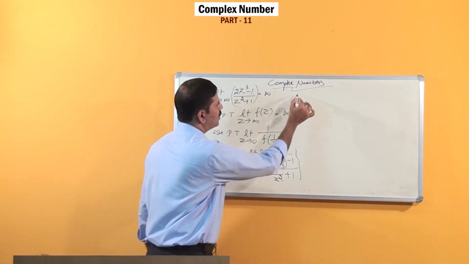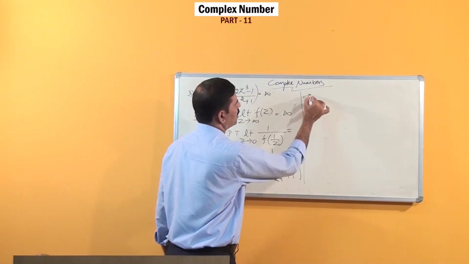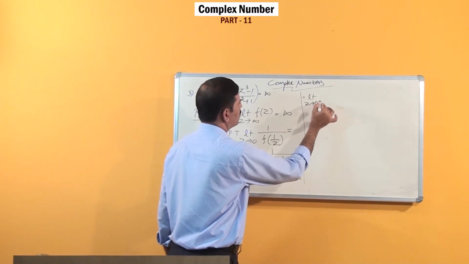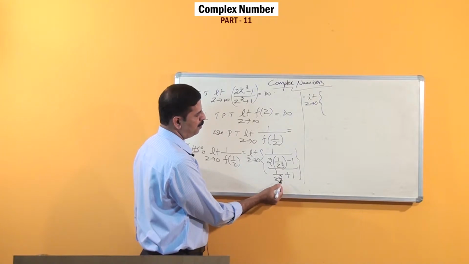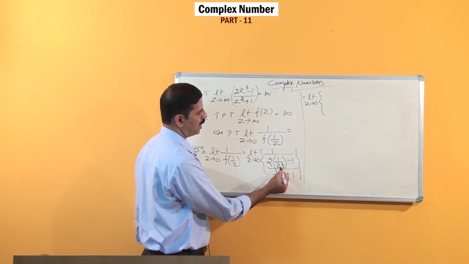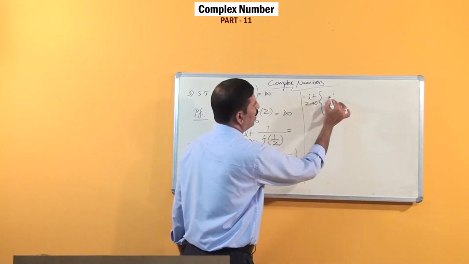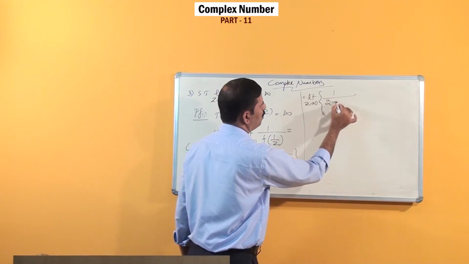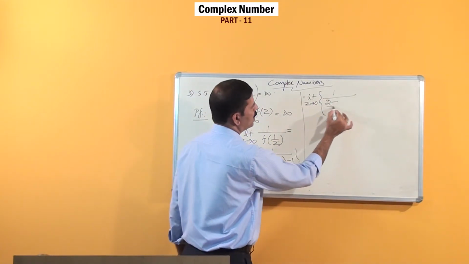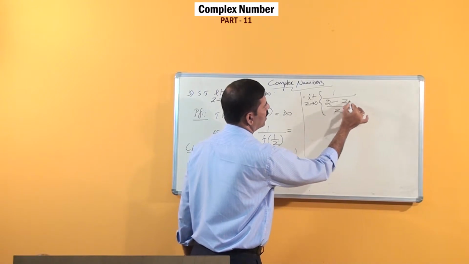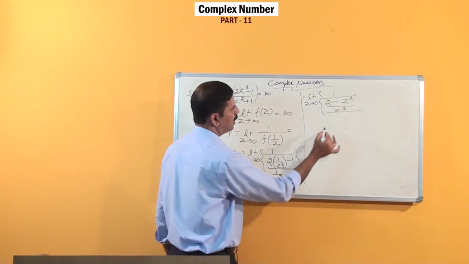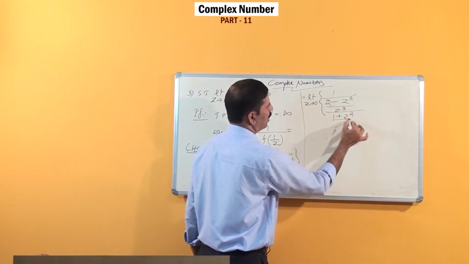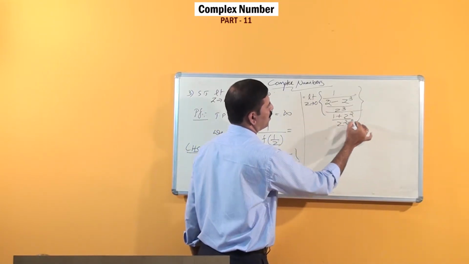So that is equal to, on simplification, the limit as z tends to 0. Simplify this by taking out the LCM: 1 by 2 into 2 minus, so z cube is the LCM, divided by the multiplication, which gives z square.